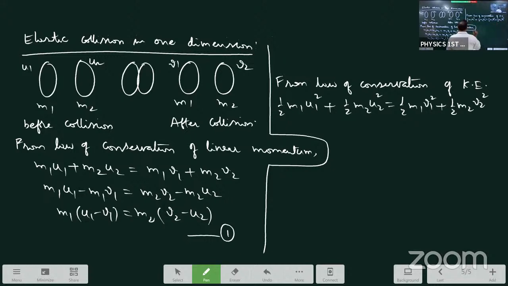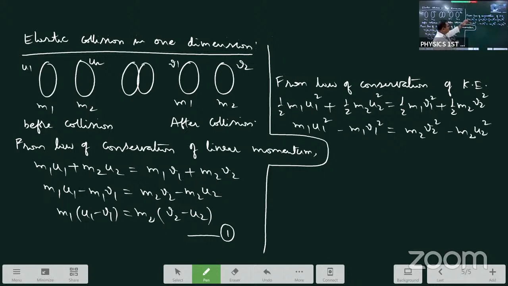Now half is common everywhere, so we can eliminate it. So what remains? m1 u1 square, you send this here, m1 v1 square, minus m1 v1 square. Okay, then here the same, m2 v2 square, this minus m2 u2 square.